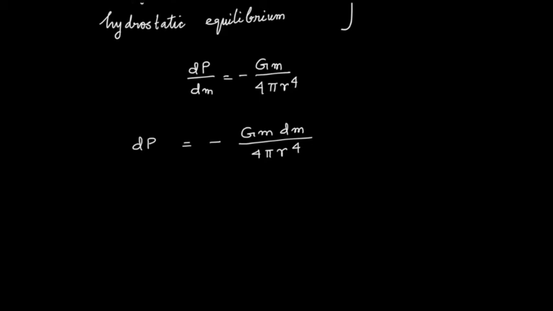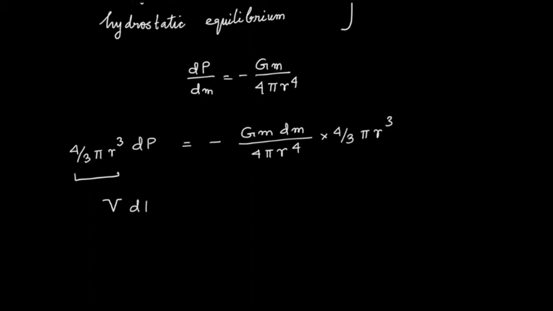But because I want to talk about the total energy inside that radius, what I do is I multiply this by the volume, which is 4/3 pi r cube, obviously on both sides. So this is my volume over which I am doing this.